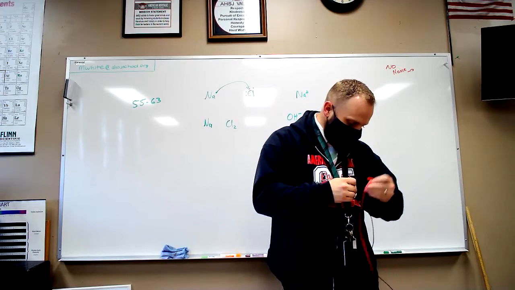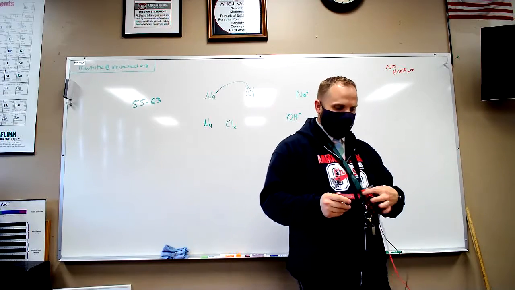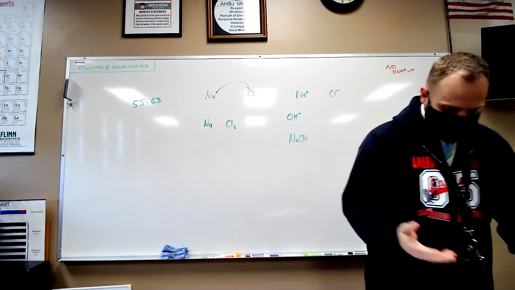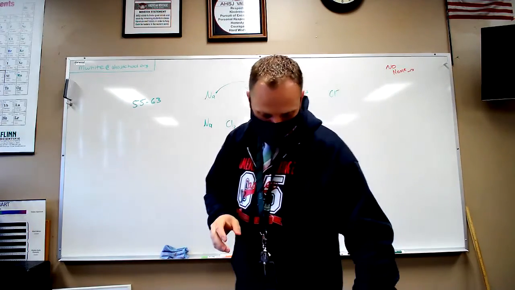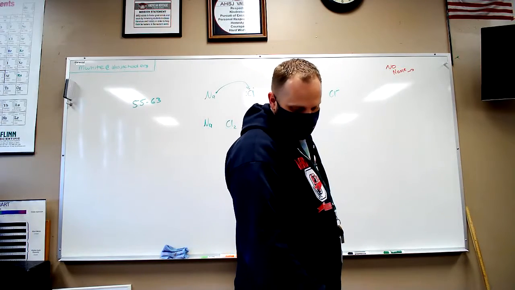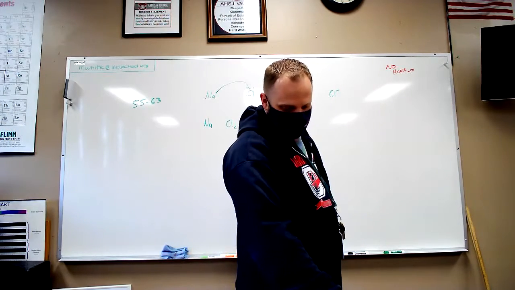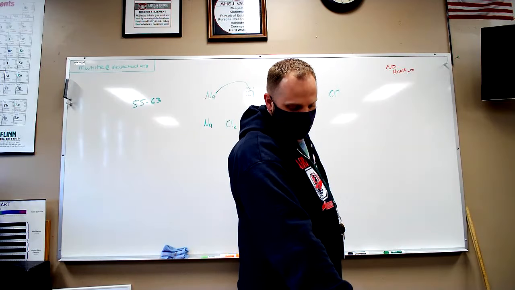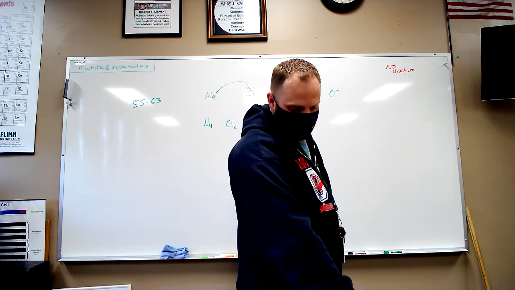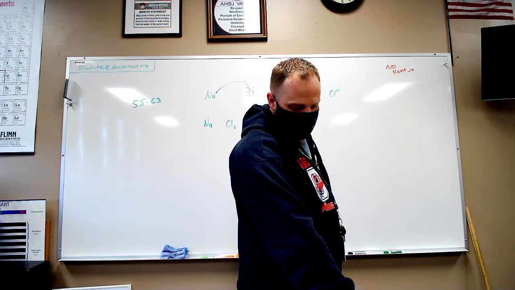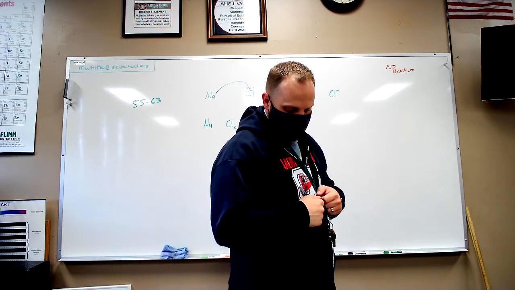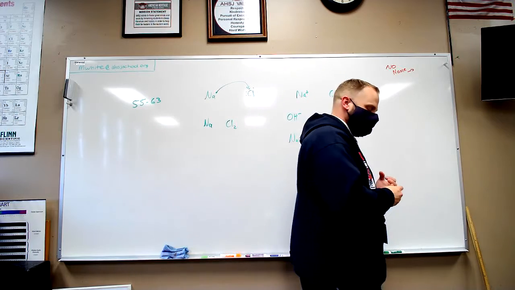So we're going to use this, and basically, like I said, there are several different setups. Like the first one, it says we've got our potassium iodide and phenolphthalein, and then we put our electrodes in.